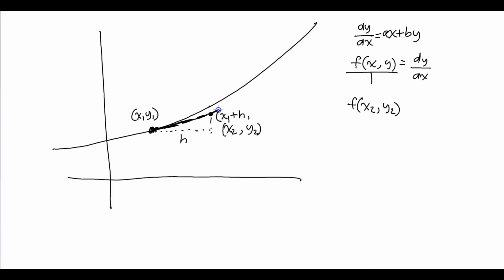And you repeat the entire process until you reach a step length away. And then you draw a line with slope f of x3 comma y3, or basically the derivative evaluated at x3 and y3. Okay, and you keep on going until you reach your desired point, and that will be your approximation.